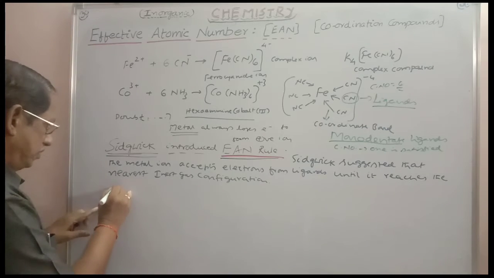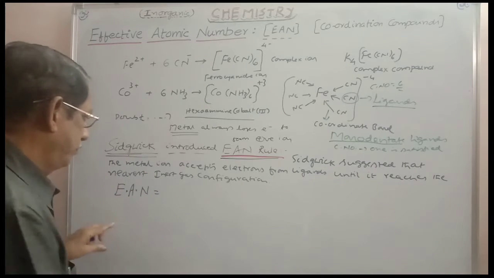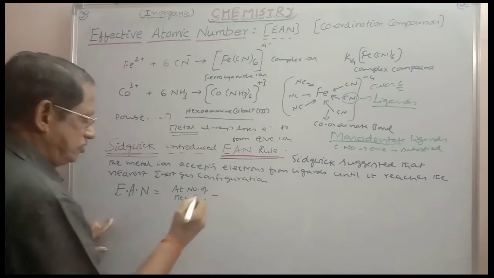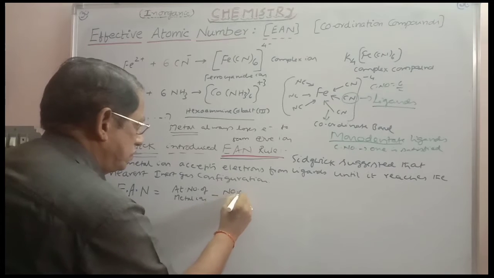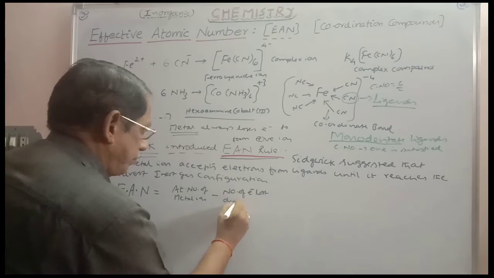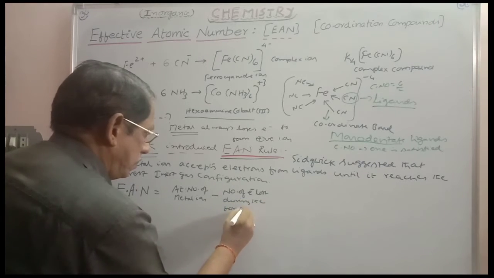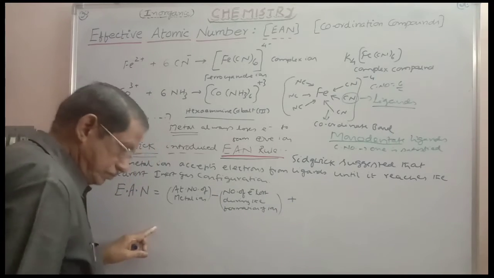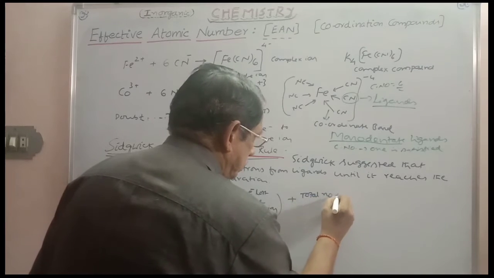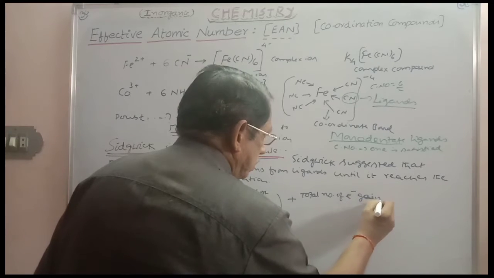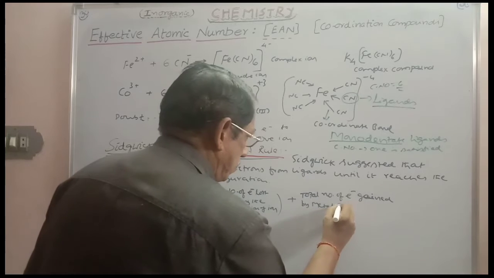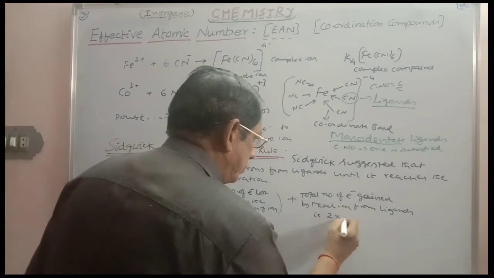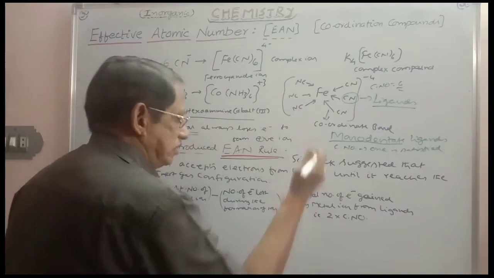Here, effective atomic number EAN is equal to the atomic number of the metal ion, minus the number of electrons lost during the formation of the ion, plus the total number of electrons gained by the metal ion from ligands, that is 2 into coordination number, because every coordination number is involving 2 electrons.